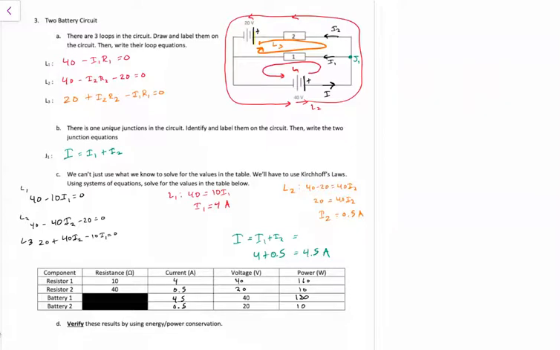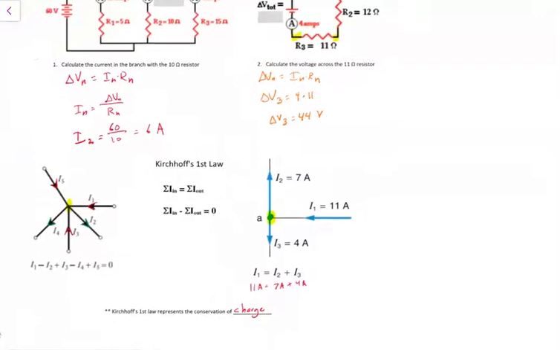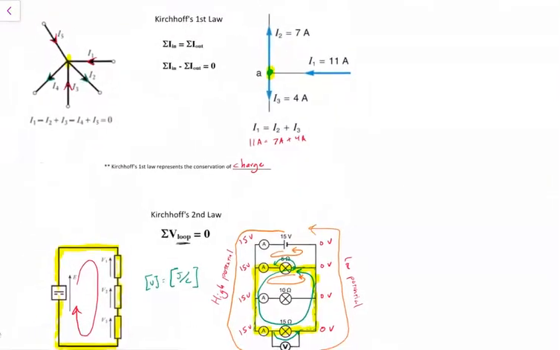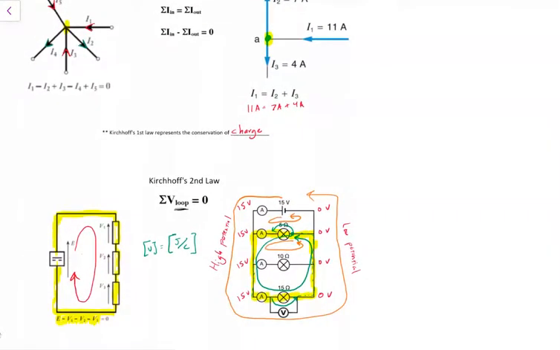I'm sorry, this is a 36-minute video, so it's long. We just need to recognize that there are two Kirchhoff's laws, one that deals with junctions and one that deals with loops. Both of them are important when we get to complex circuits that involve multiple batteries.